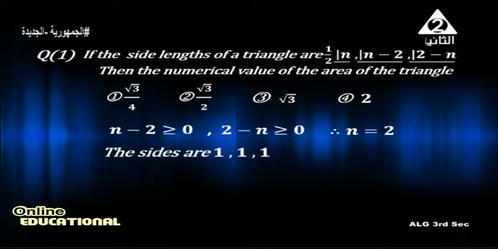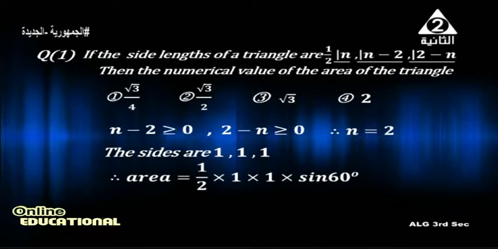The three sides become 1, 1, 1. This is an equilateral triangle. What is the area? Yes, the area of the equilateral triangle is half AB sine 60, or half AC sine 60, or half BC sine 60.